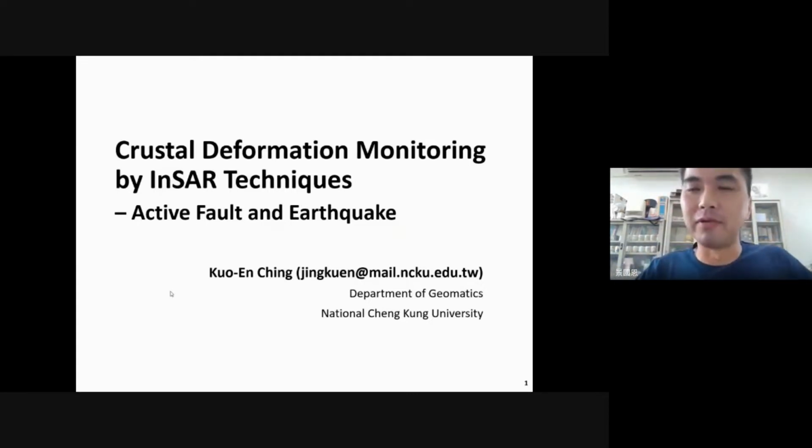Maybe I will give you one slide with a very brief, simple concept of how we monitor volcanoes using InSAR. Although we talk about InSAR, I hope you understand two terms first. The first one is crustal deformation, and the second one is geodesy.